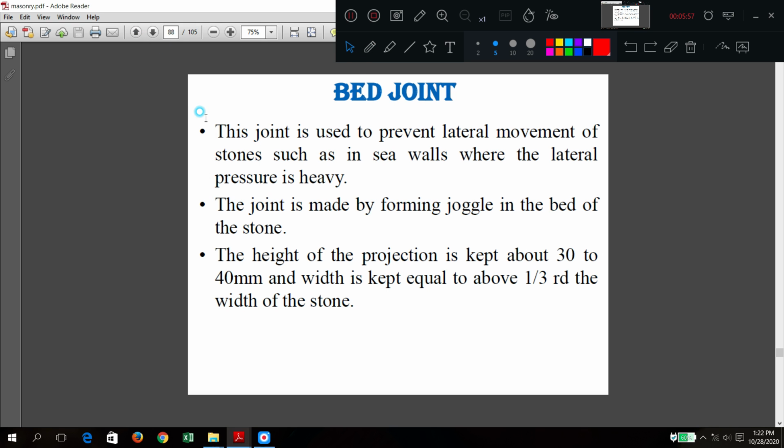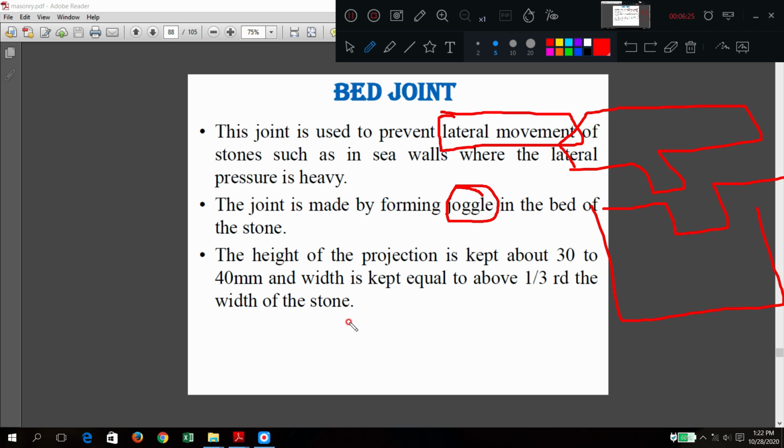The main purpose of the bed joint is stopping lateral movement. This is also called joggling, which means the stones will not move and stay fixed in location. Have you seen these in construction of footpaths or parking lots? There you can see this type of joint.